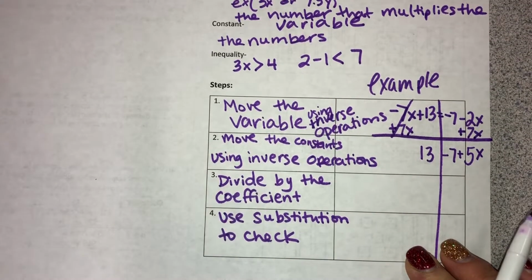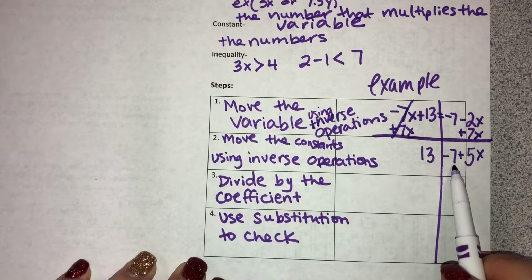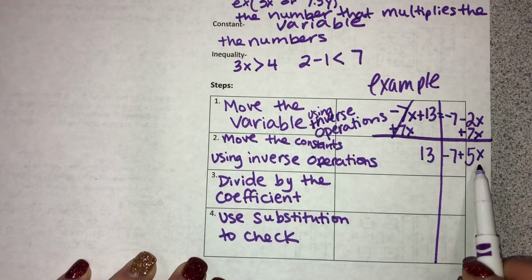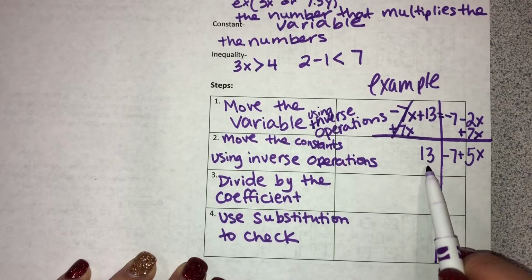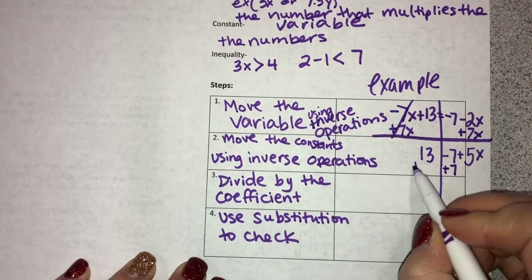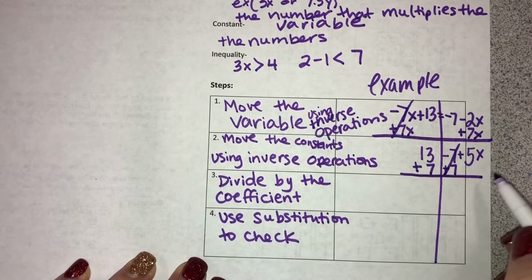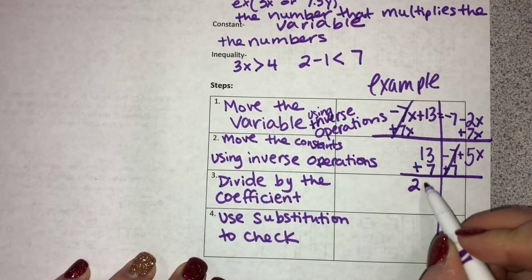And then you go to the next step, which is move the constants using inverse operations. I would have to move the negative 7 because it's with the variables, and we want to get it with the other constant. So opposite, plus 7, that cancels, and 13 plus 7 is 20.